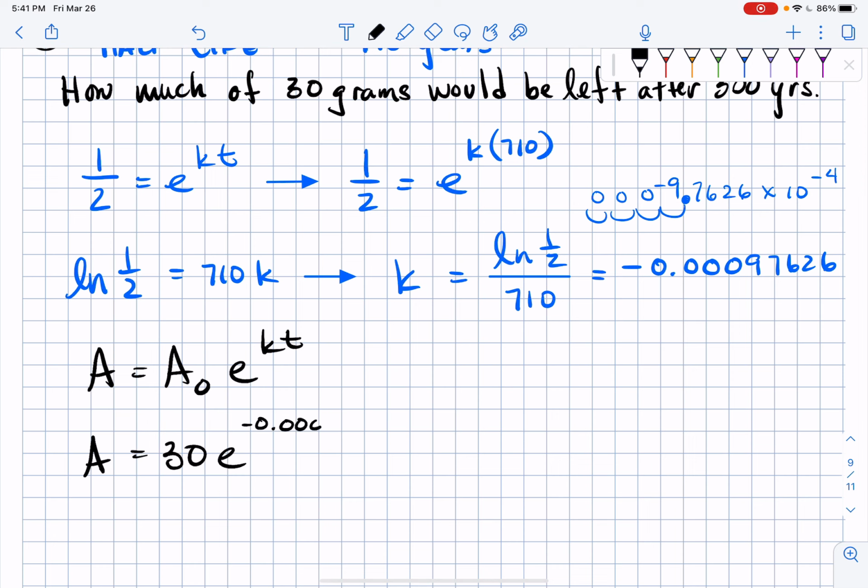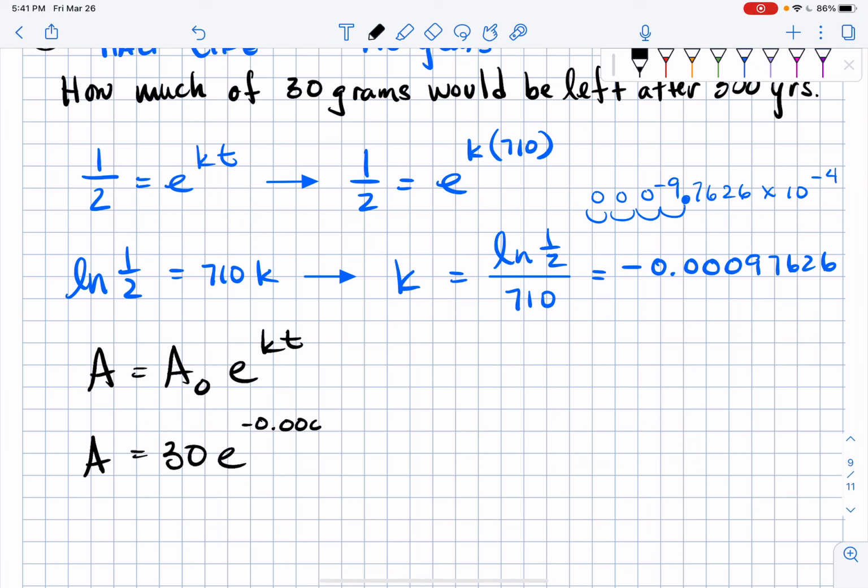I'm sorry, not years. What am I talking about? It's going to be grams, right? Because it started out with 30 grams. So that is going to be choice B. You got your B. All right, that's number 9.